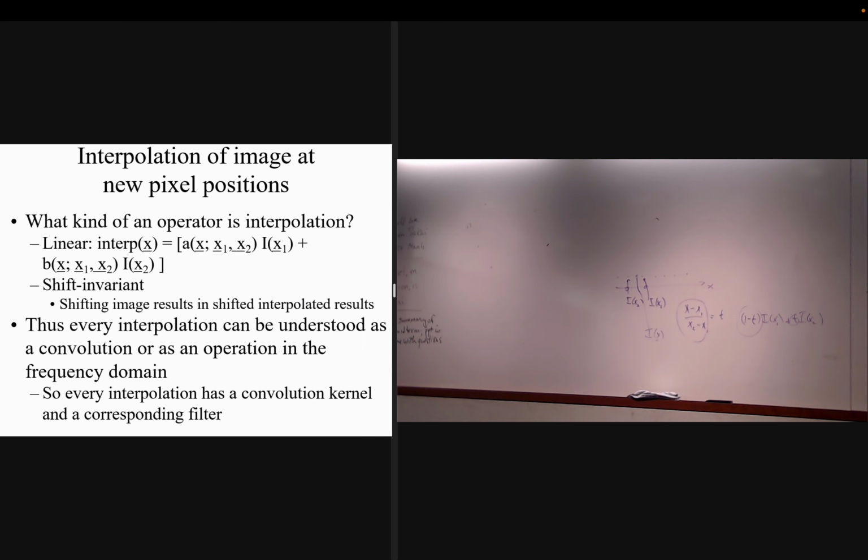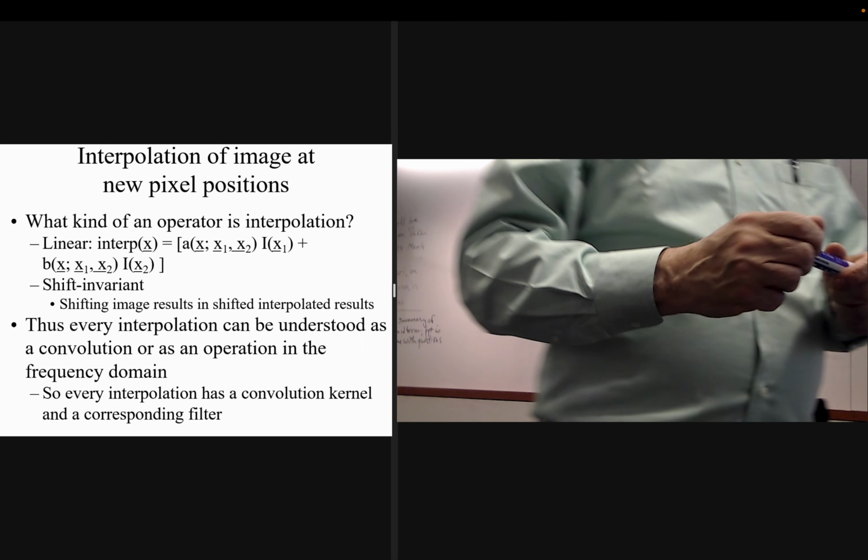Rebecca, can you tell me? Is she here? Okay, go ahead, Madison. It has to be homogeneous and additive. Say again. It has to be homogeneous and additive. Yeah, homogeneous, I'll correct that.